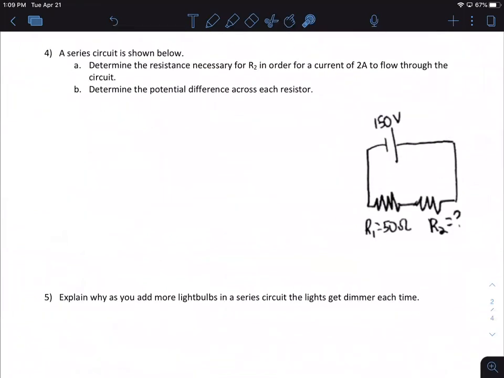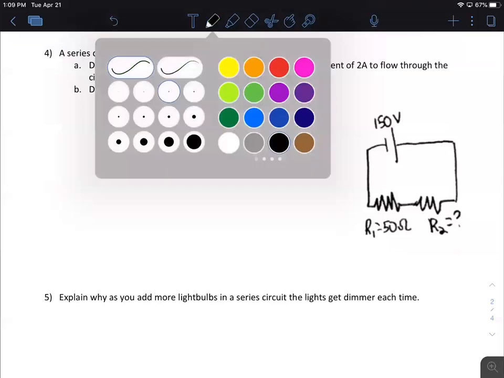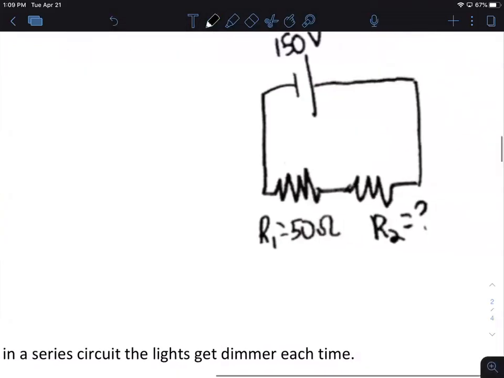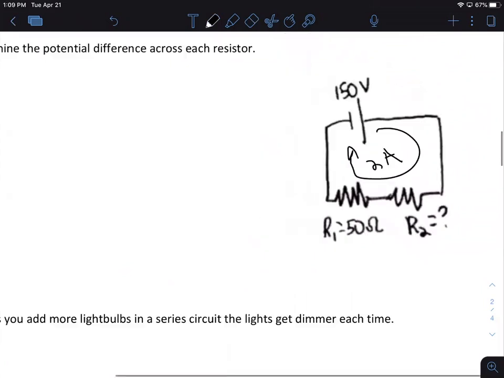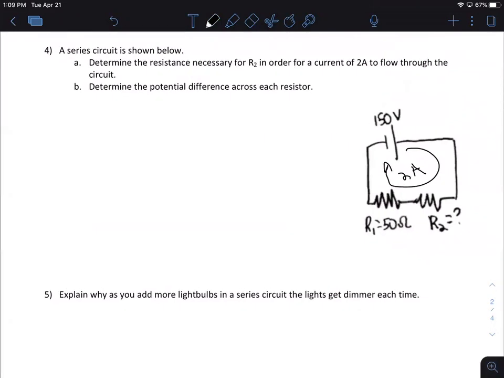A series circuit is shown below. Determine the resistance necessary for R2 for a current of 2 amps to flow through the circuit. Then determine the potential difference across each resistor. Let's do some color coding.